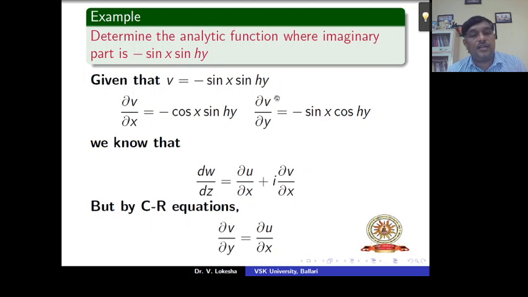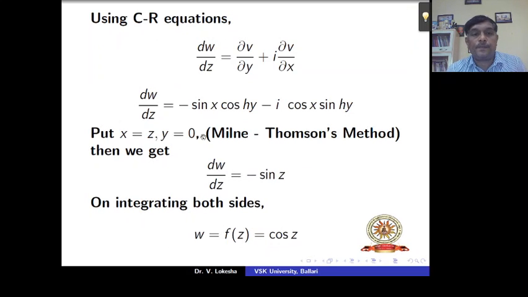Here v is given, you know that v_y = u_x, then substitute the derivative function. Put x = z and y = 0 by the Milne-Thomson method, and you get -sin z. You get the solution for this problem. In exactly a similar way you can apply and get the solution for these problems. Thank you.